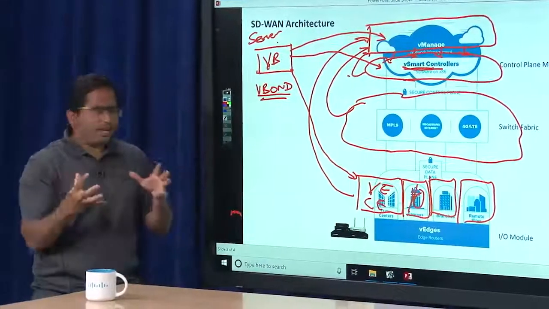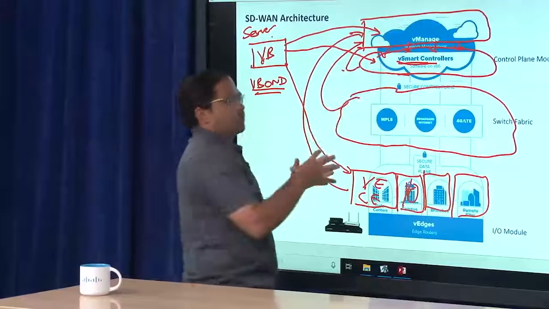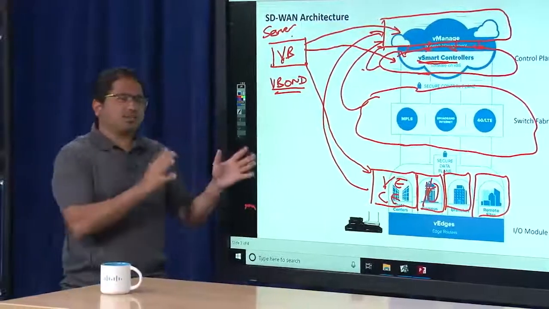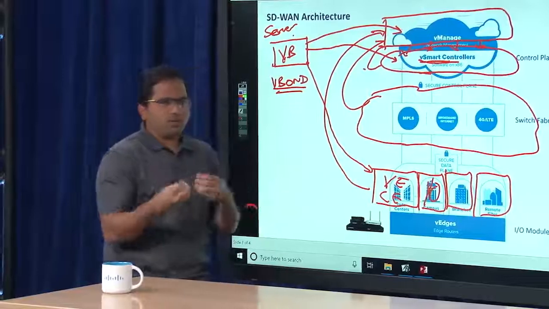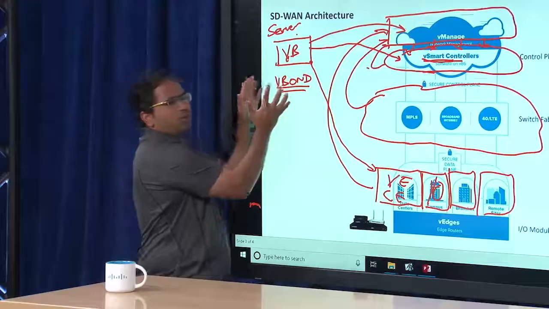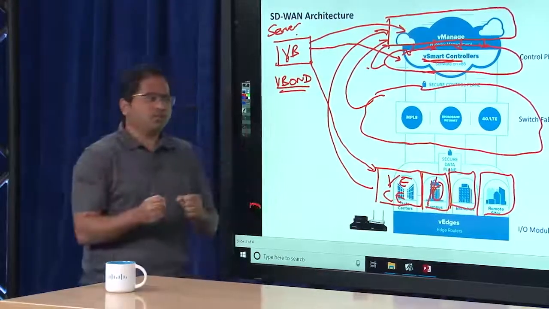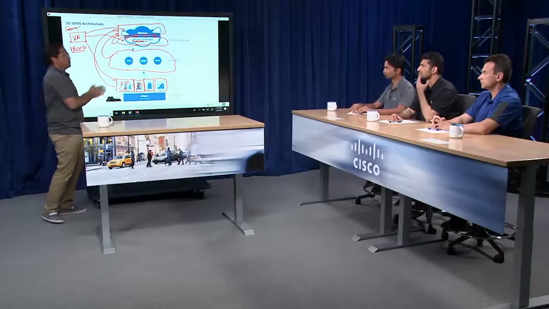Okay, so in the Viptela architecture, each of these components would act like a client or a server at some point for someone or the other. The vBond will always be your server. Everyone goes to the vBond.